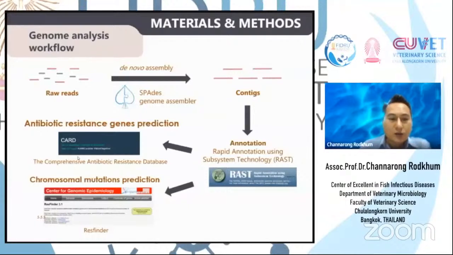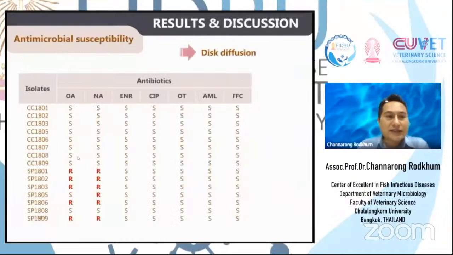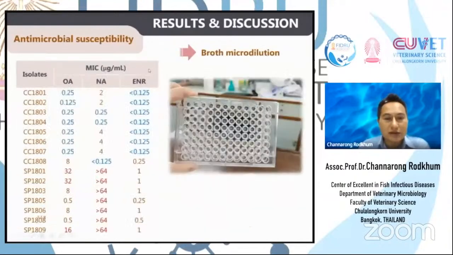And we use ResFinder to predict chromosomal mutation also. All of these are the bioinformatics tools to analyze the resistome, or you can call this workflow the resistome analysis.